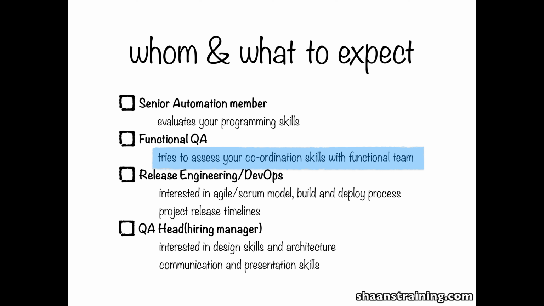Oftentimes you need to coordinate with functional QA to understand what to automate, what not to automate, which test cases are the priority, how to get the requirements, and how to prioritize them. All these are important, and the functional QA in the interview tries to assess your coordination skills and what your knowledge or background in QA is in the first place.